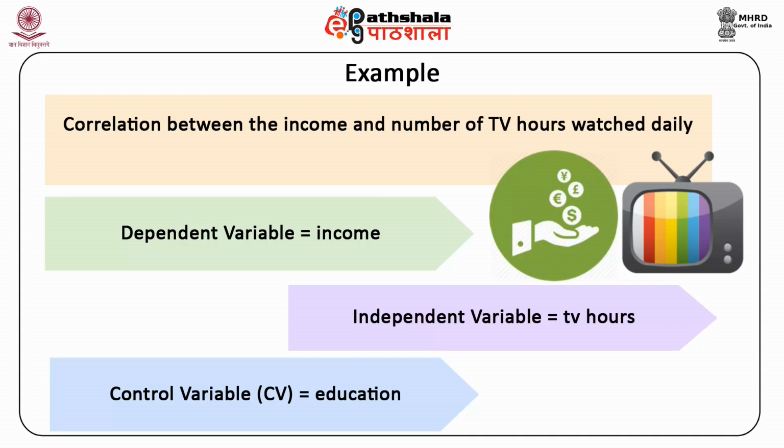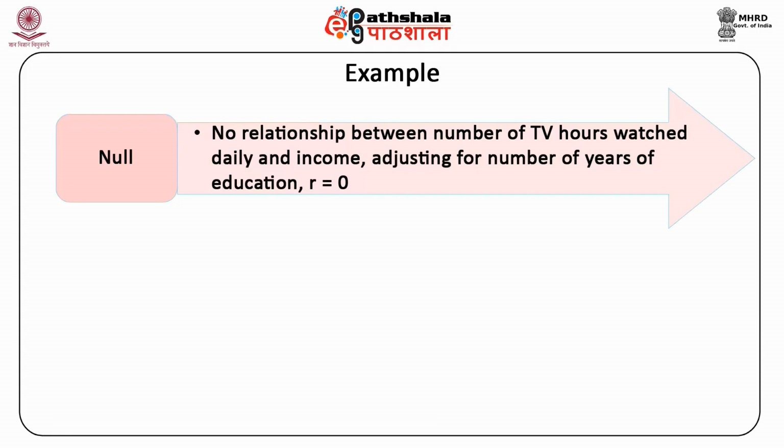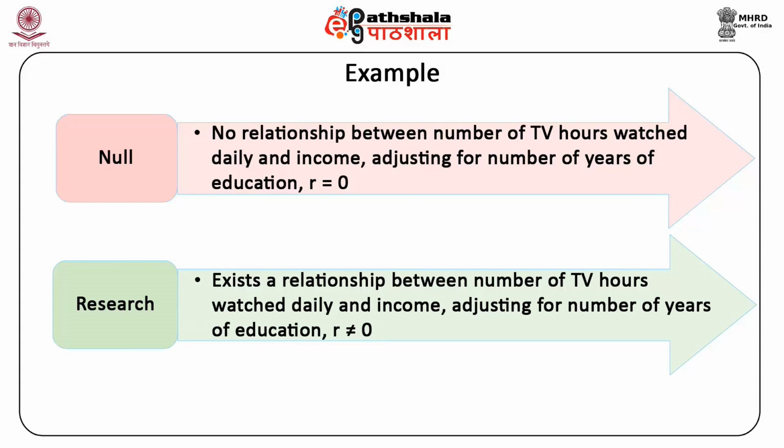Control variable CV is education measured in years. Null hypothesis: there is no relationship between the number of TV hours watched daily and income, adjusting for the number of years of education, R is equal to 0. Research hypothesis: there exists a relationship between the number of TV hours watched daily and income, adjusting for the number of years of education, R is not equal to 0.